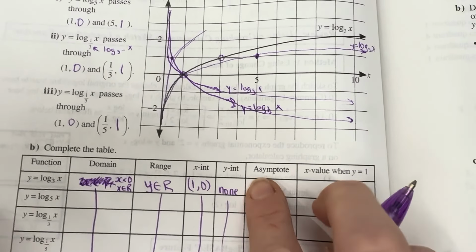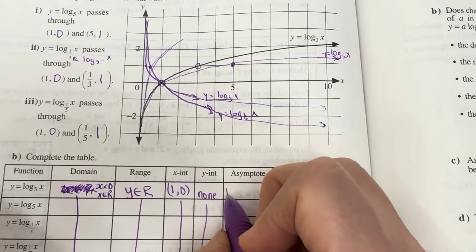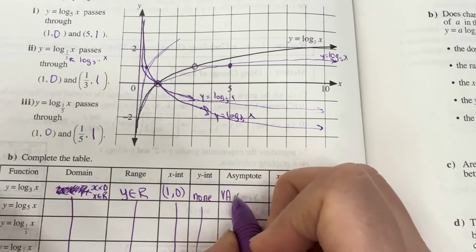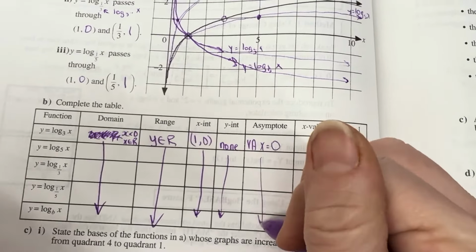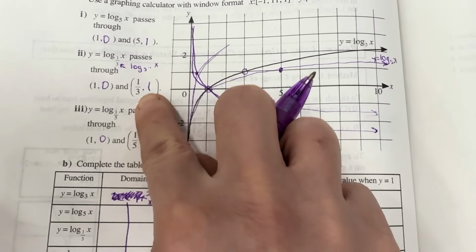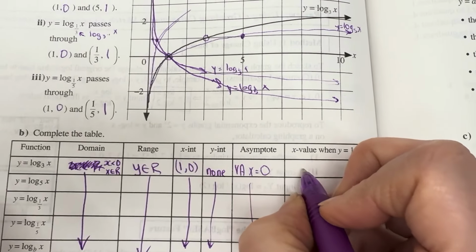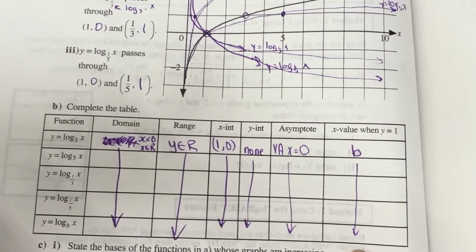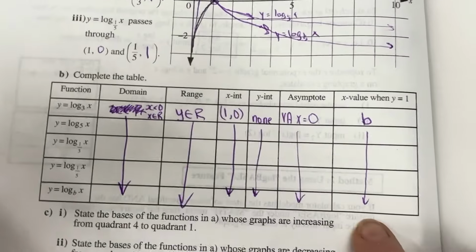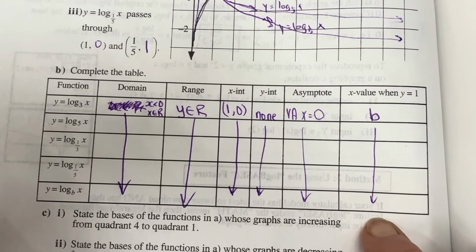For asymptotes, we know that there's a vertical asymptote at x equals 0. And then the x value when y is equal to 1, we see that it's always going to be equal to whatever the base is. Whatever the base of that logarithm is, that's the x value when y is equal to 1.